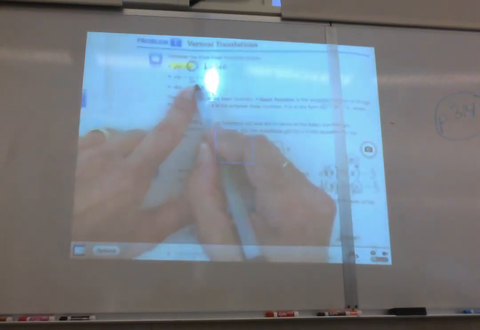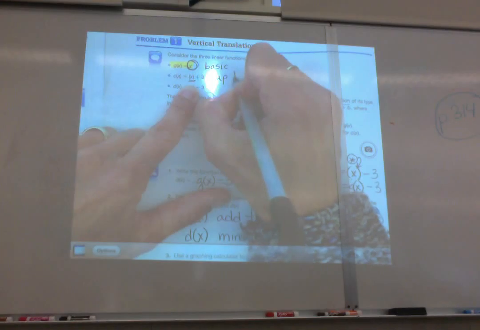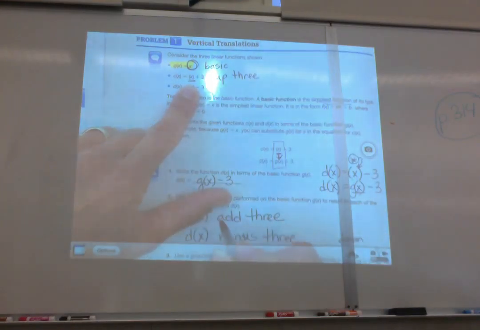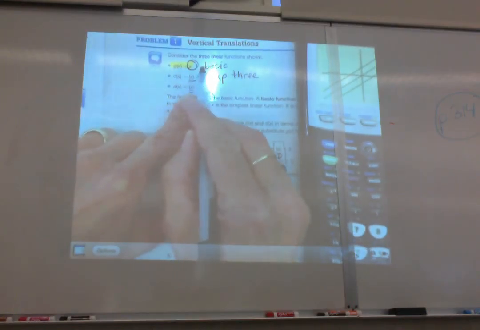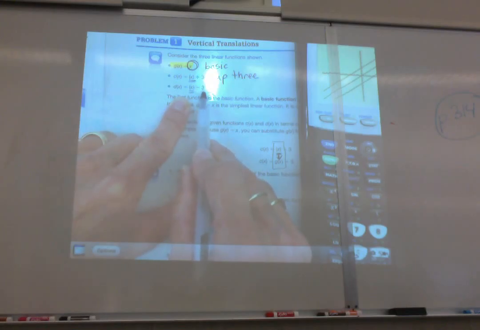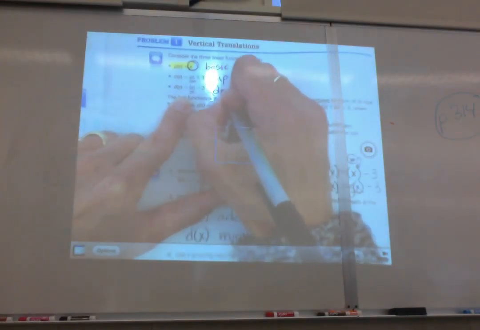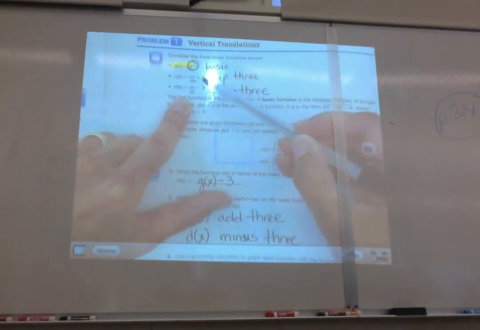Now, if the basic is that middle line going through y equals 0, and when I change that function a tiny bit by putting a minus 3, what has that done to the graph? Down 3. So this thing that we've added is making the vertical translation. It's making it move up and down.